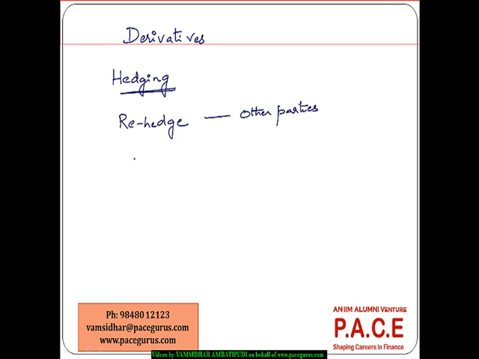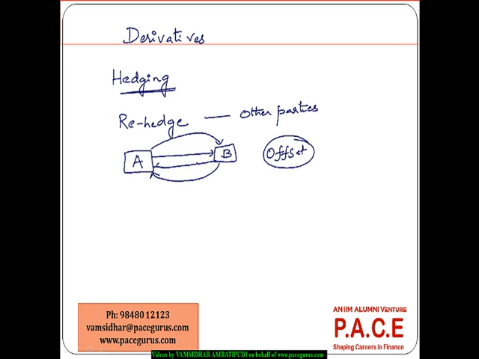And at the same time, between, let's say, A and B, whatever the transactions that are happening between A and B, whatever A owes to B and whatever B owes to A in different transactions that are existing between both of them, there should be some level of offsetting between these two types of transactions. Now that is where we are talking about netting.